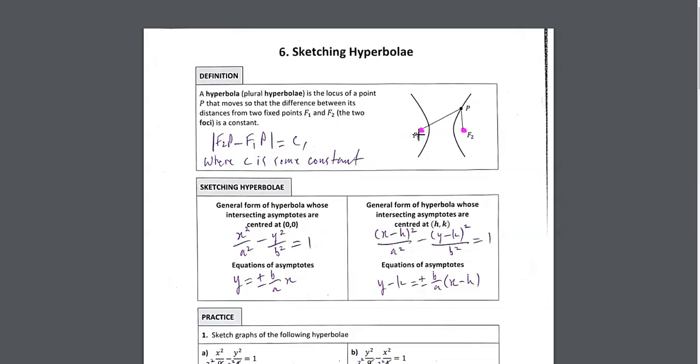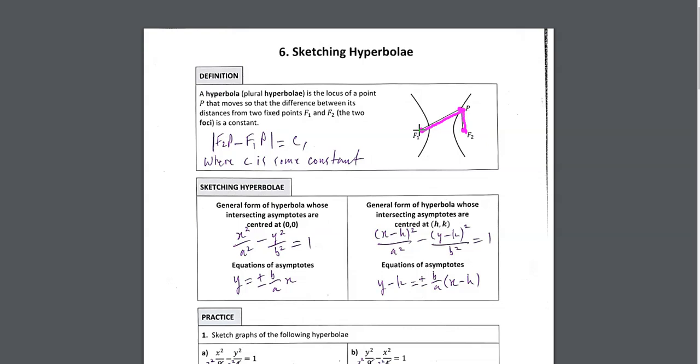Now, in relation to those two points, what would a hyperbola be? Well, a hyperbola would be the graph that is traced out by this dot here, P, in such a way that the distance from F1 to P minus the distance from F2 to P is always a constant.